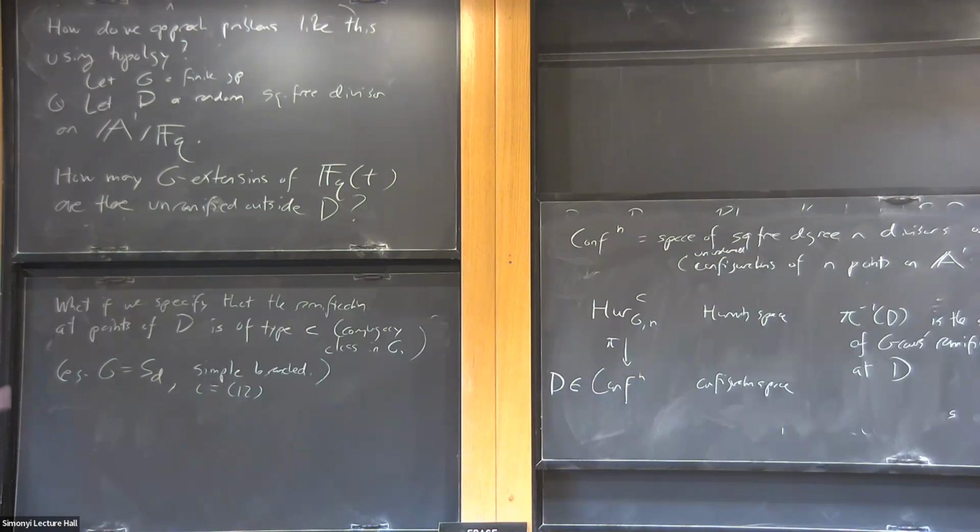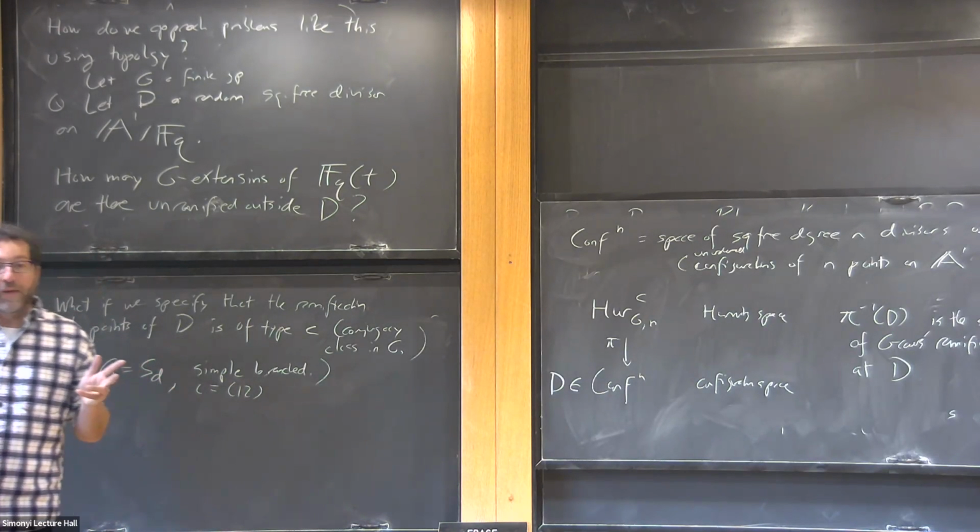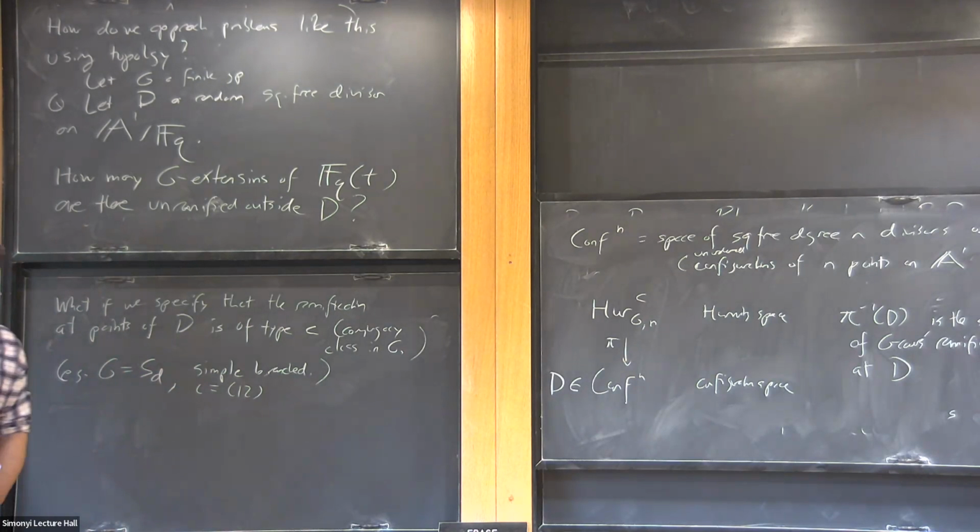Maybe I should pause from this discussion, because I'm a little worried I won't say anything else about this particular paper. So maybe I'll take a brief aside to comment that it seems I have switched to talking about a totally different problem, a problem that you may have heard me or Akshay or Craig talk about before, this problem of counting G extensions with a given discriminant.